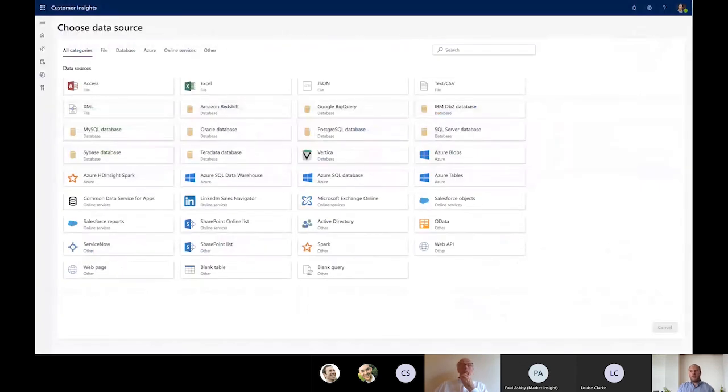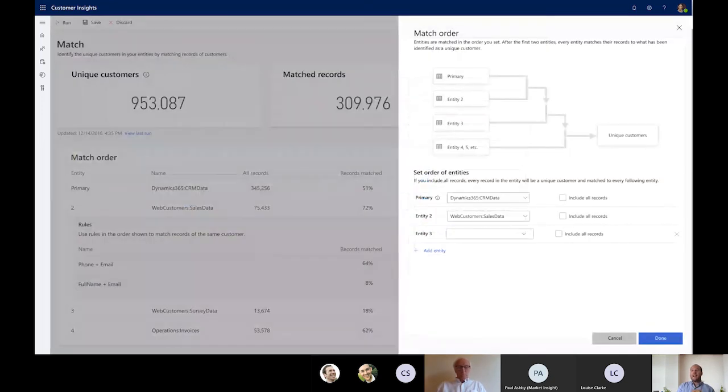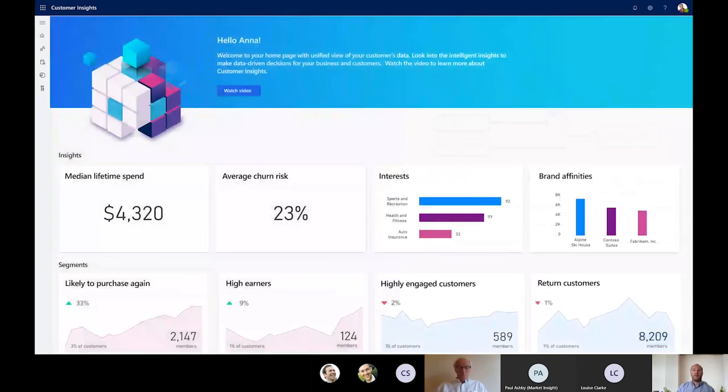I've just got a couple of screenshots to bring to life really how this looks, and forgive me for 30 seconds for being a bit technical, but ultimately this is a single platform built on top of the Microsoft Business Applications Suite that first requests that you choose a bunch of data sources, then asks you to match those data sources to a bunch of entities that you've got sitting within your Dynamics 365 environment or Dynamics 365 Customer Insights environment, and then presents an out-of-the-box dashboard that presents a bunch of out-of-the-box stats, such as their churn, how much they're spending with you as an organization, this is a commercial example, what their demographic looks like, are they likely to purchase again in a commercial world.